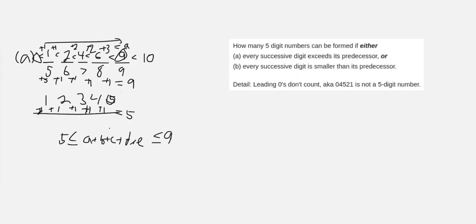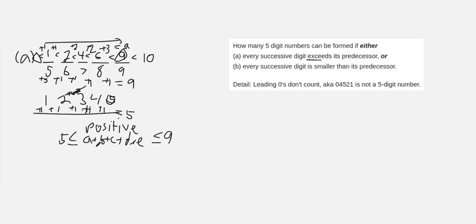And that's pretty easy to see because we make a new digit with each plus, and the important thing is that it's strictly increasing, which means that each of these A, B, C, D, and E are positive integers. You can't have a 0 because if at any point I had a plus 0, then I would get the same digit, and that's not good.